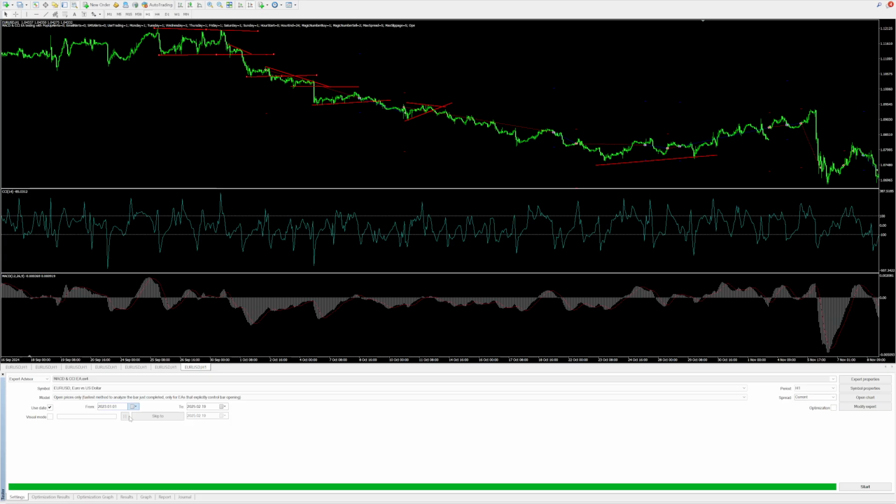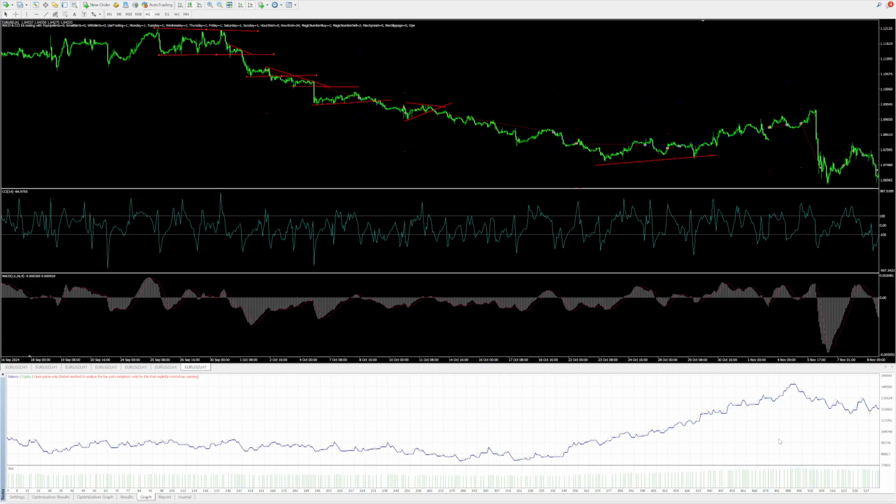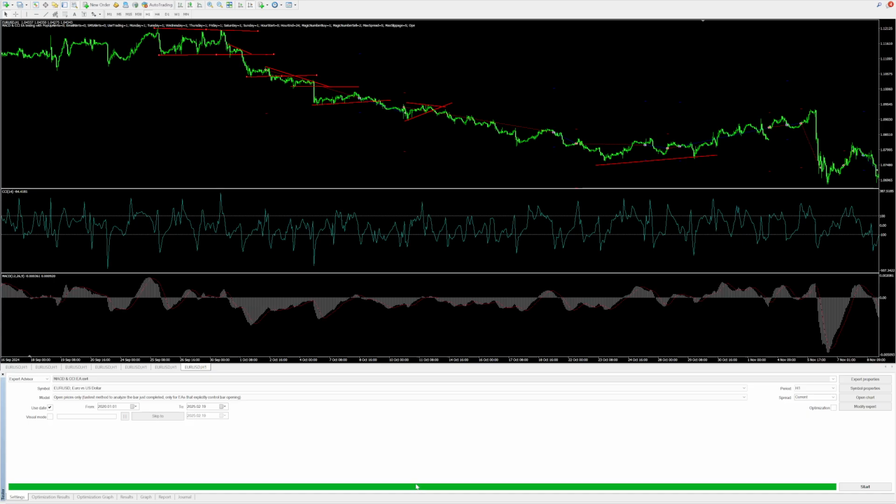But if you take it back, those same settings are likely not to perform as well, as you can see there. Okay, and that's where our optimization started, around there roughly.